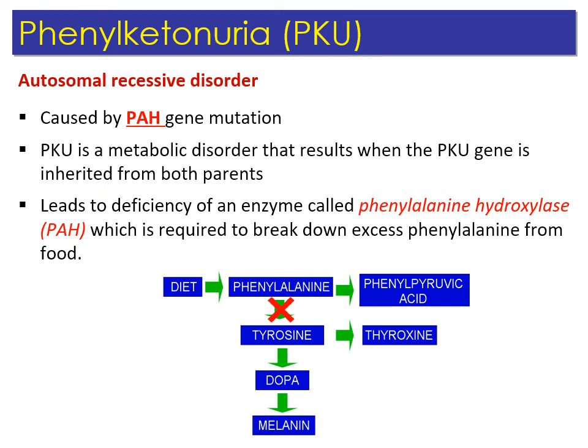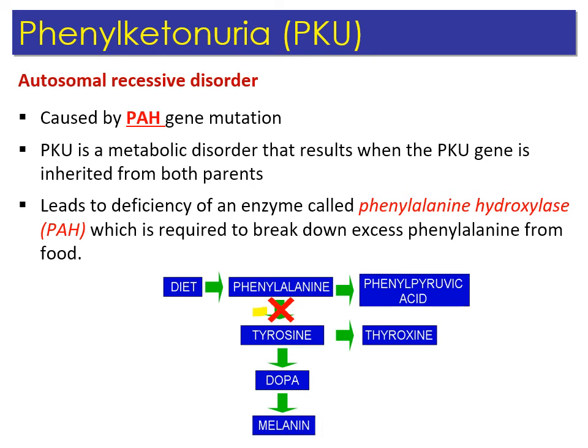Phenylketonuria, or PKU, is another common autosomal recessive disorder. PKU is a metabolic disorder in which an enzyme called phenylalanine hydroxylase, which is required to break down excessive phenylalanine from food, is deficient. It is caused by a mutation of the phenylalanine hydroxylase gene.